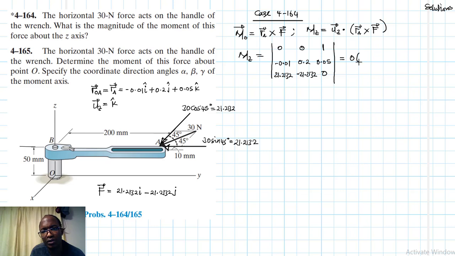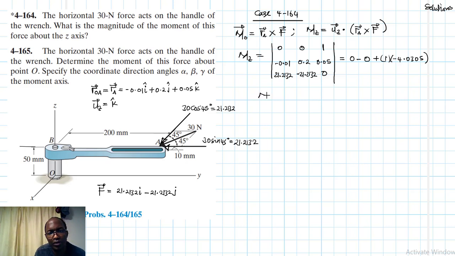So we have a 0, of course it's just all 0. Then minus, second part is also 0, plus, there we have a 1. 1, that is 0.01, both minuses, they become plus 21.2132 minus 0.2 by 21.2132. So this gives us a minus 4.0305.